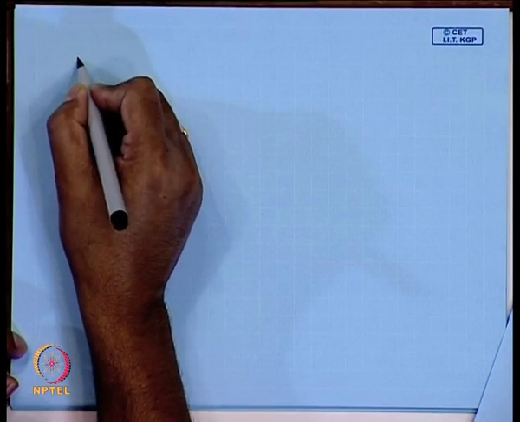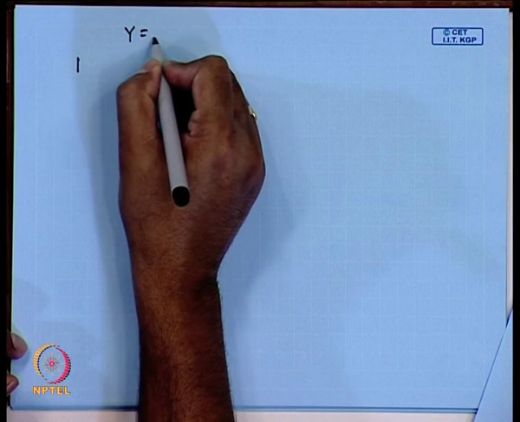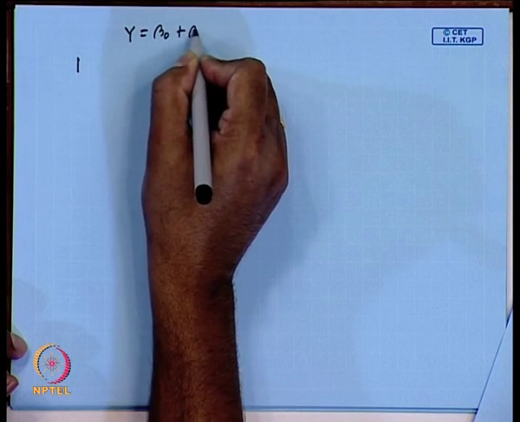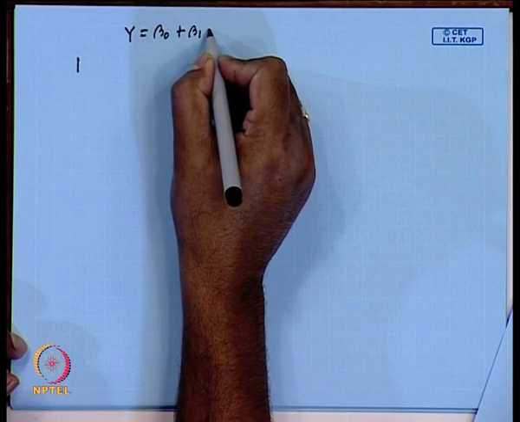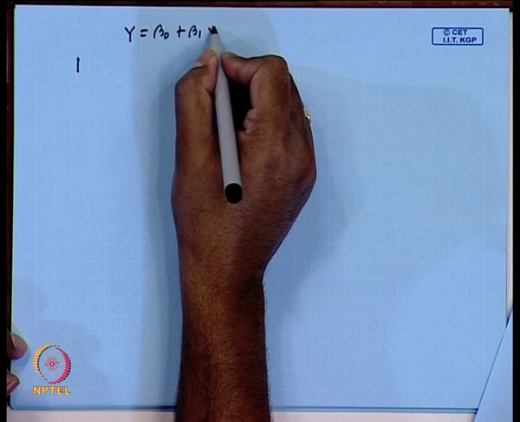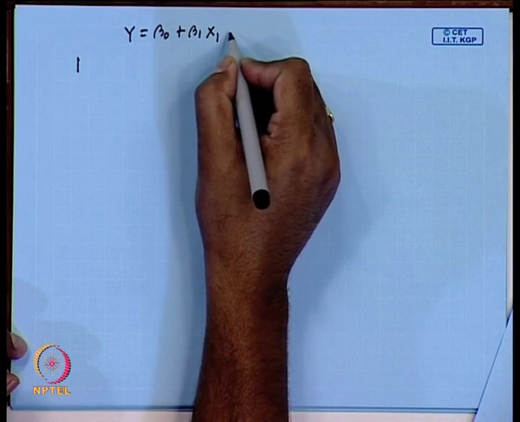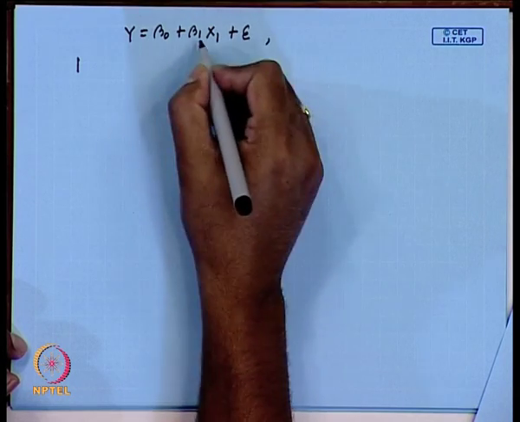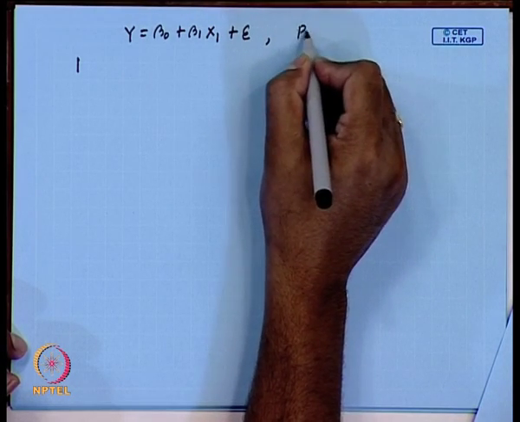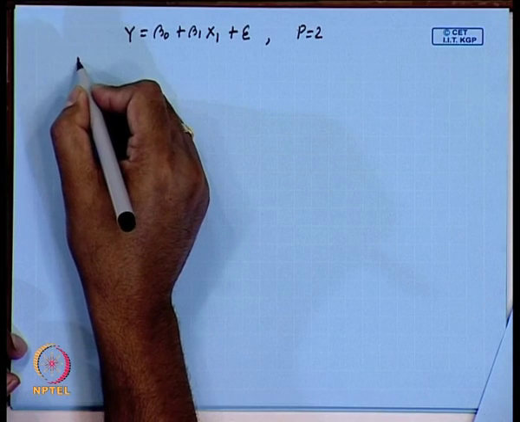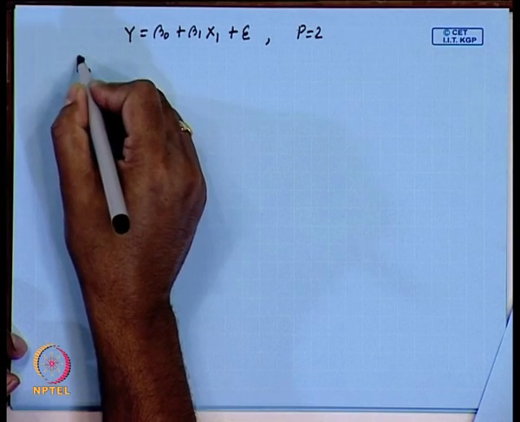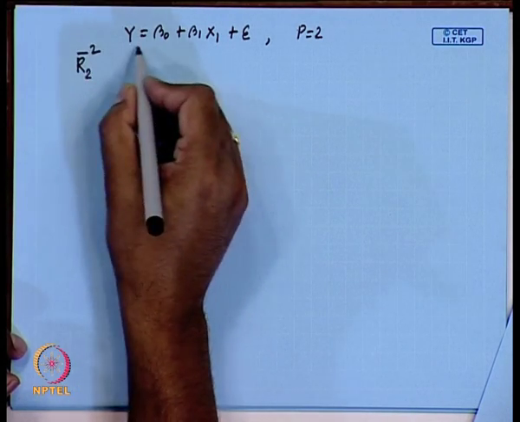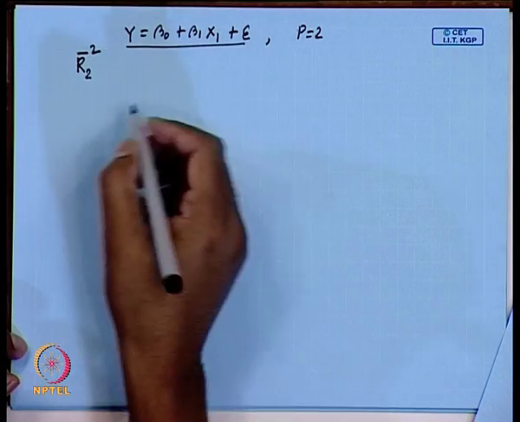Okay. So, for this model y equal to beta naught plus beta 1 x 1 plus epsilon, the number of unknowns is equal to 2. So, p equal to 2. So, basically I am computing R 2 bar square for this specific model.